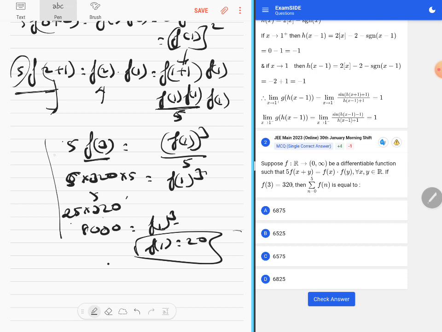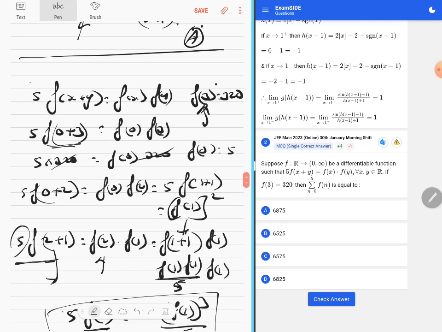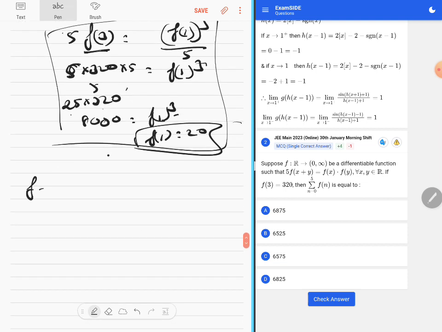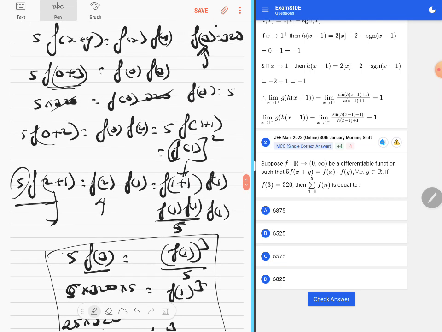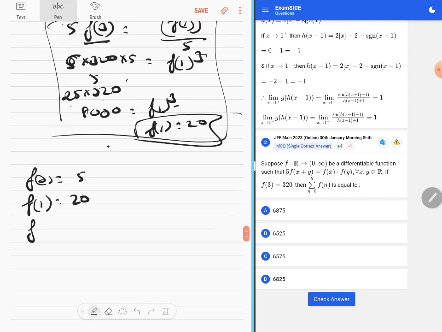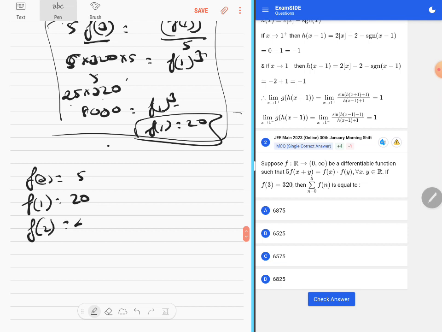Now that we found f of 1, you can keep substituting. f of 0 is 5, f of 1 is 20, f of 2 is f of 1 the whole square, which is therefore 400, and f of 3 is given to be 320.